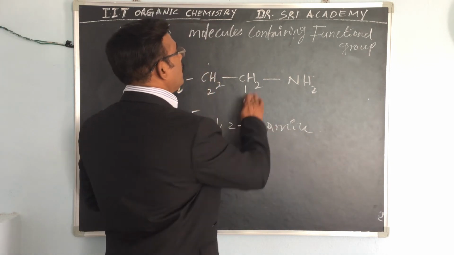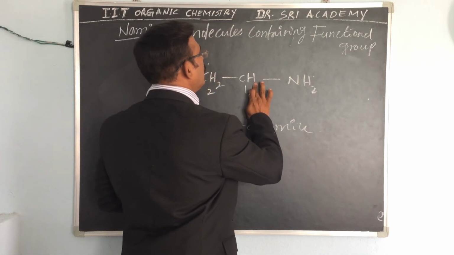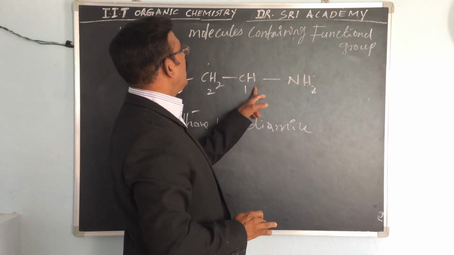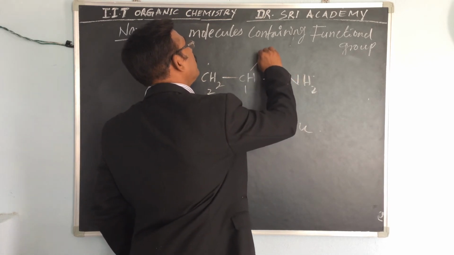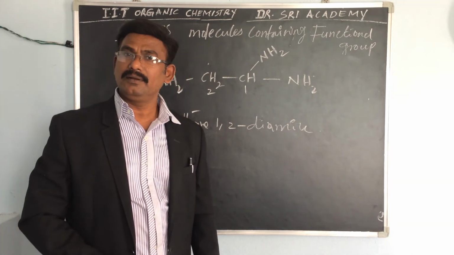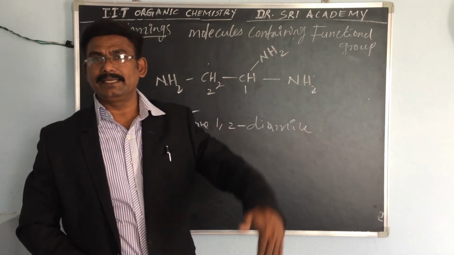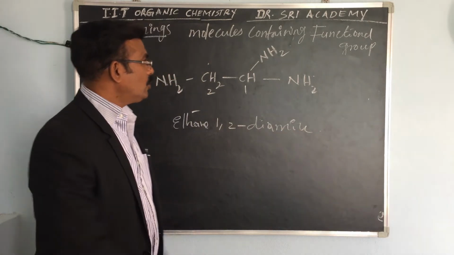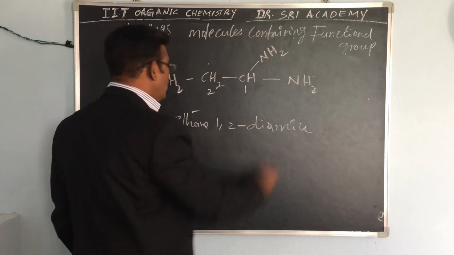If, for example, you remove one more hydrogen, you put it here. Now how can you give the number? The number should be repeated. So now one position containing the 2.